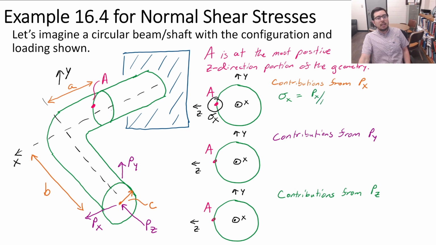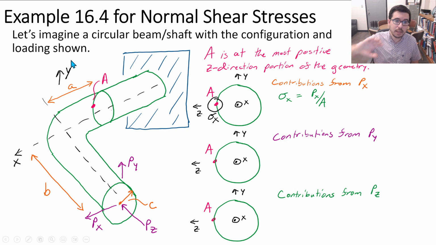The next one, okay, so what I did is I just said, hey, sigma x coming out, and I said, okay, it's coming out. That's great. The next one's a little harder to see. The next contribution, Px, is causing a bending moment to be applied in the minus y direction.